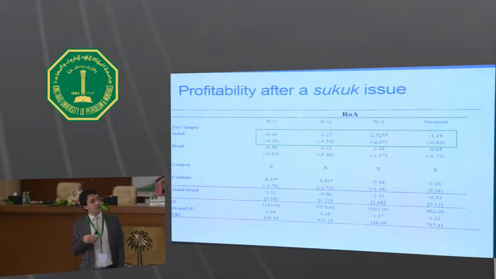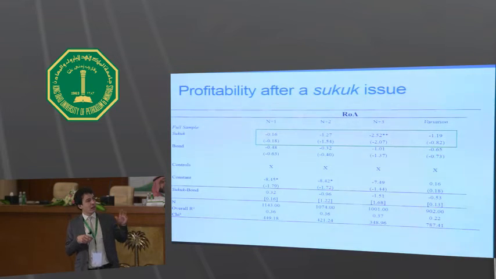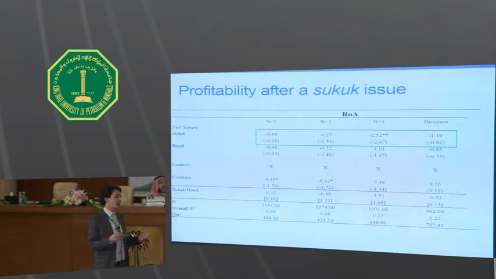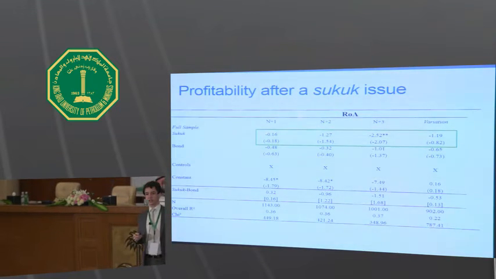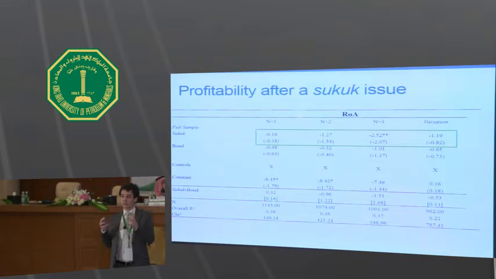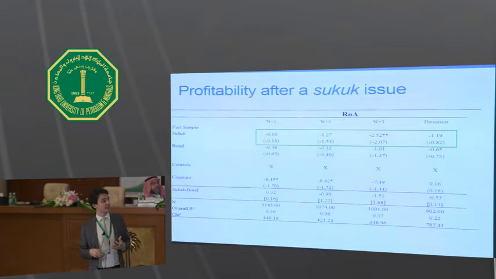The last year, again, we have a slight decrease in the performance due solely to the Sukuk issue. But still, it's not very clear. And our interpretation, we don't want to overemphasize the results. Our interpretation is that it's very difficult to make this causality link because it is an SPV outside of the company, outside the balance sheet. And we are comparing balance sheets to an instrument which is using an SPV, and which is putting away some assets.